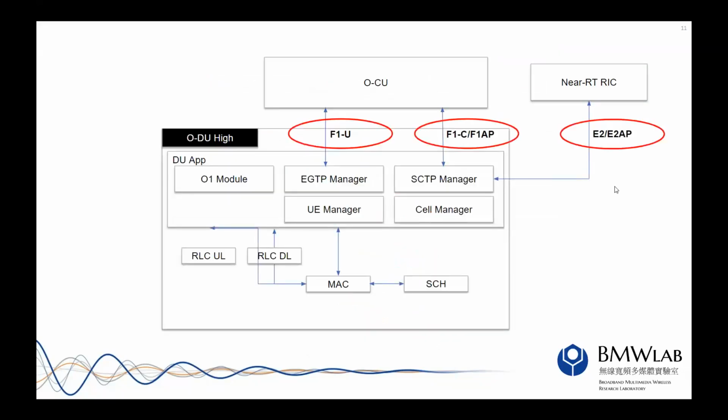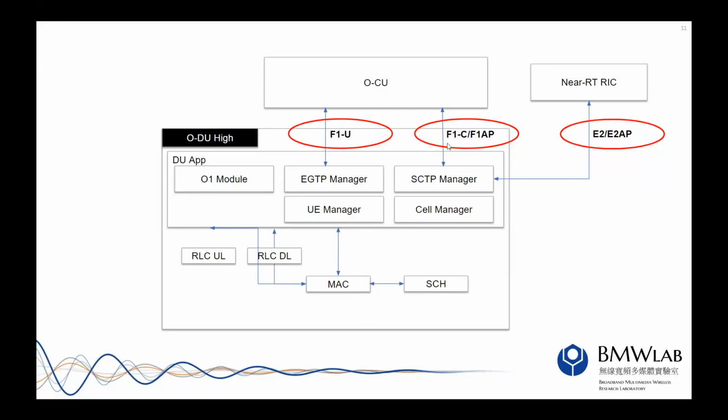In the upper part, for connections with ODU, there are two types of connection. The left one is for the user plane, and that is F1U. The user plane is used to transmit user data, like visiting websites, uploading images, watching video, something like that.